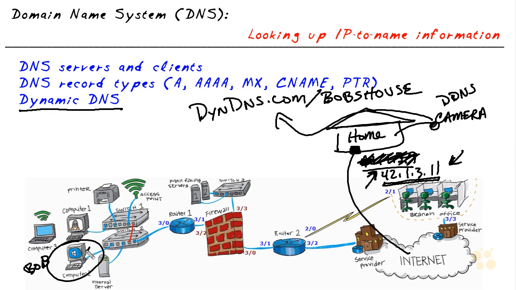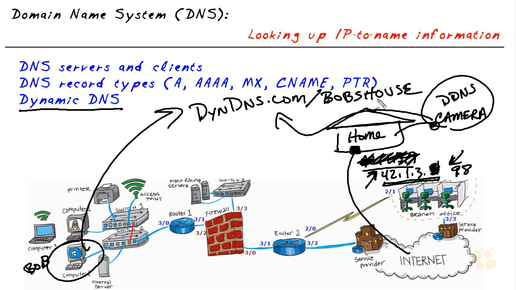So now Bob simply goes to that URL, and because it's been dynamically updated, it translates into the right address, so Bob can get resolution to go to that IP address. And if a week later it changes from .11 to .98, no problem, because the camera is sending the updates to DNS.com associated with Bob's house.